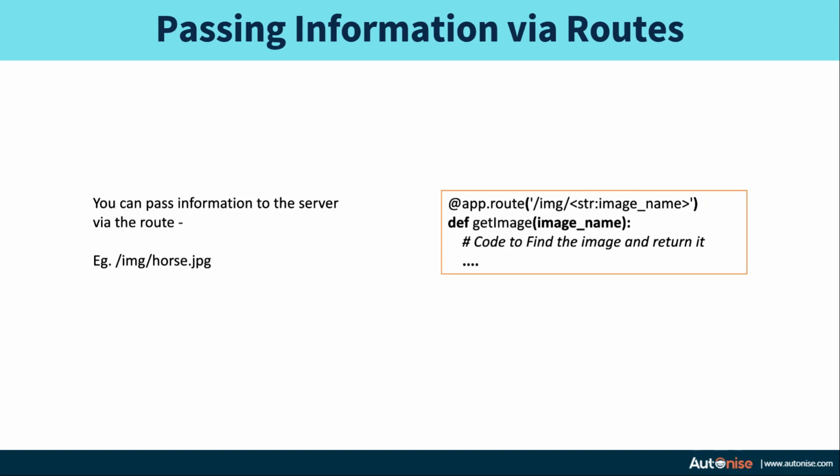Also, sending information in the route is not safe because with a GET request, if you put the information inside the route, it will be accessible to all the routers between the server and your client. The routers require the route to be able to send the information to the correct server. So this becomes public information.